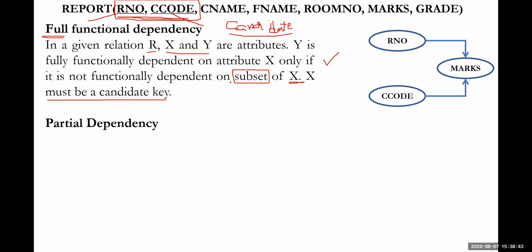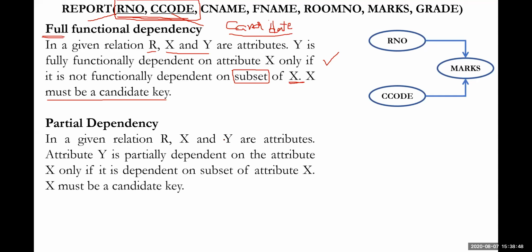Whereas for partial functional dependency, one more very important point. X and Y are two attributes of R, and Y is partially dependent upon X if it depends upon a subset of attribute X. Here it is not fully dependent, but it is dependent on a subset.